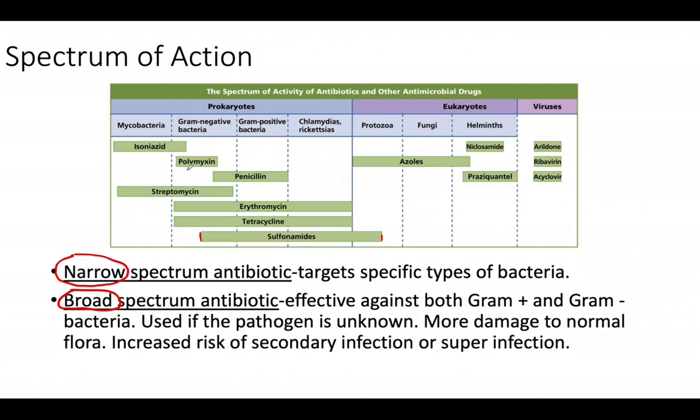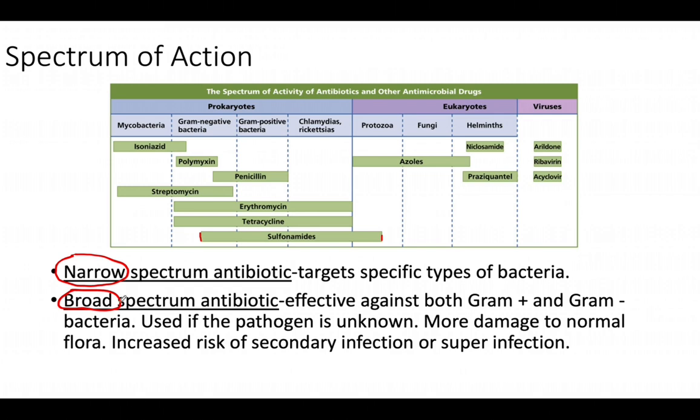If you recall, polymyxin was in the category of action where cell membranes and outer membranes are disrupted by the drug, and gram-negative bacteria are much more affected by that. So this would be classified as a narrow spectrum antibiotic.